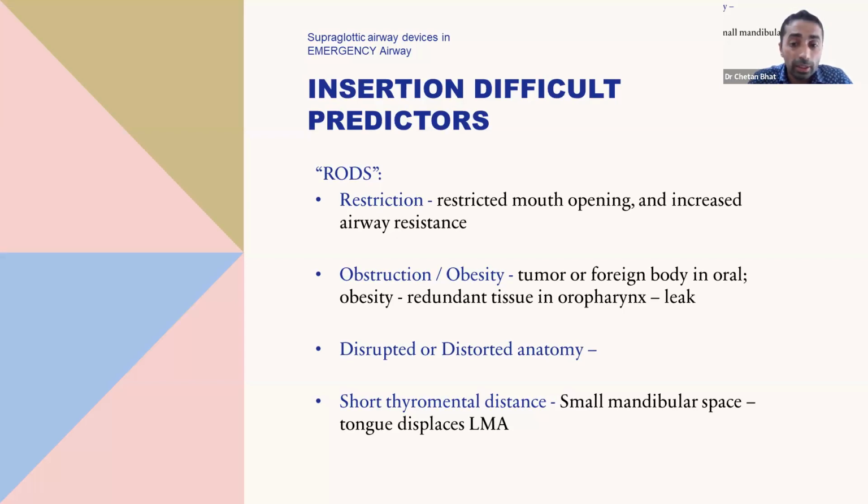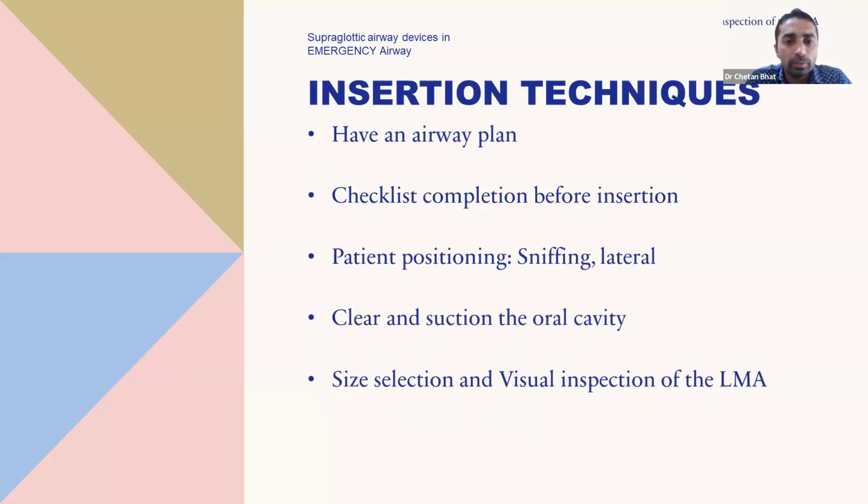If this is less, obviously it implies that there is a small mandibular distance where the tongue lies, so the space for the tongue is less. In these cases, it is difficult to insert an LMA. So these are some of the difficulty predictors for LMA insertion.